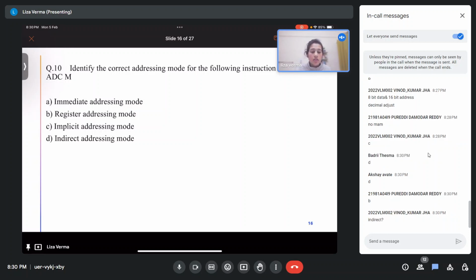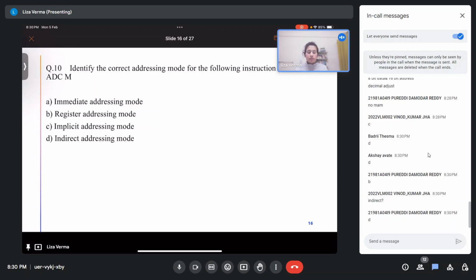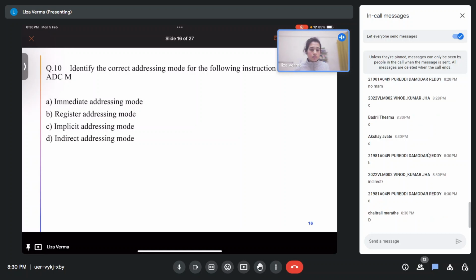Please write your answers. Yes, pretty much everyone gets this. Since M is used, it's the indirect addressing mode. D is the correct answer. Next one.